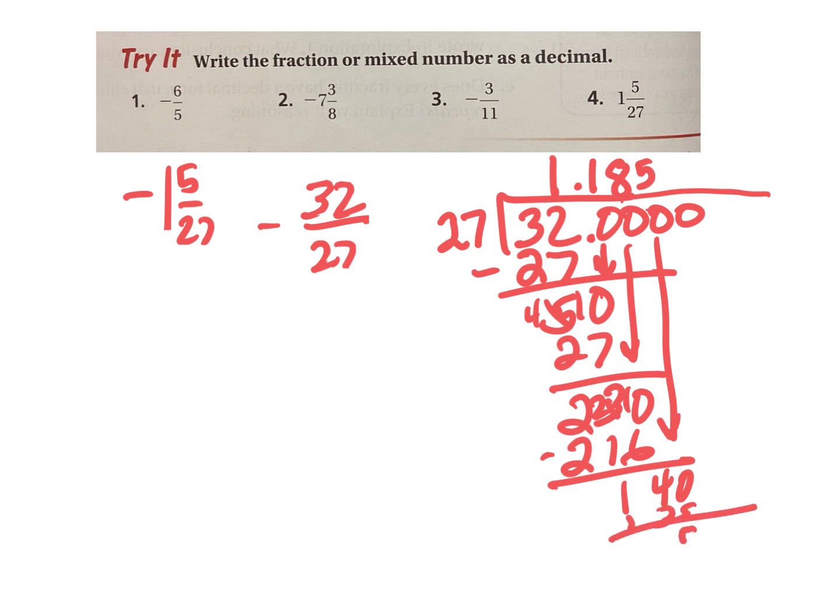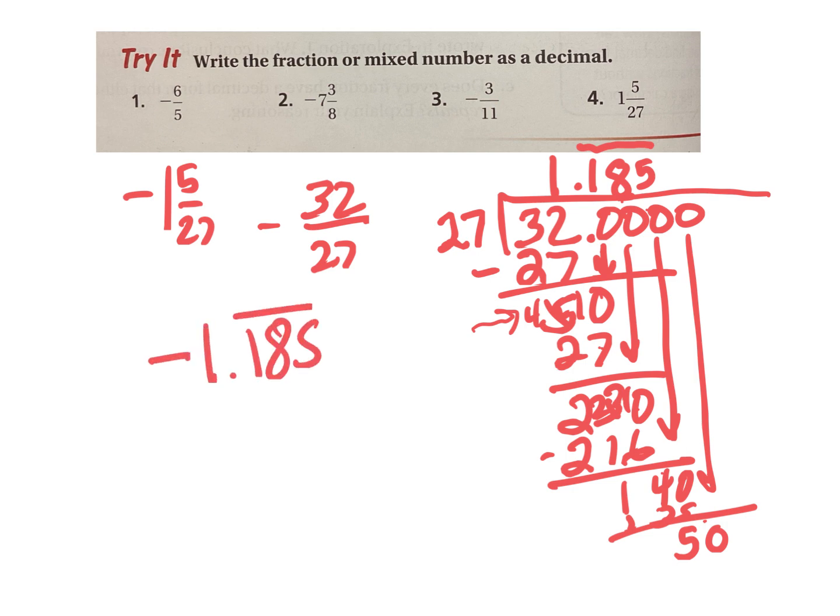Subtract that out, gets me 5. Bring that down, 50. Now once I see something repeats here, I know because I had 50 right here, I'm just going to get 27, and I'm going to get the same. So then it's just going to keep going on forever. So I can kind of know that my answer is a negative 1.185 with the 185 repeating forever.